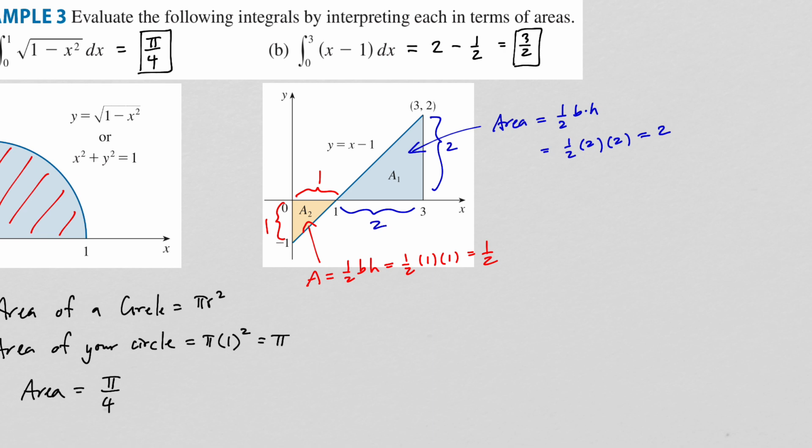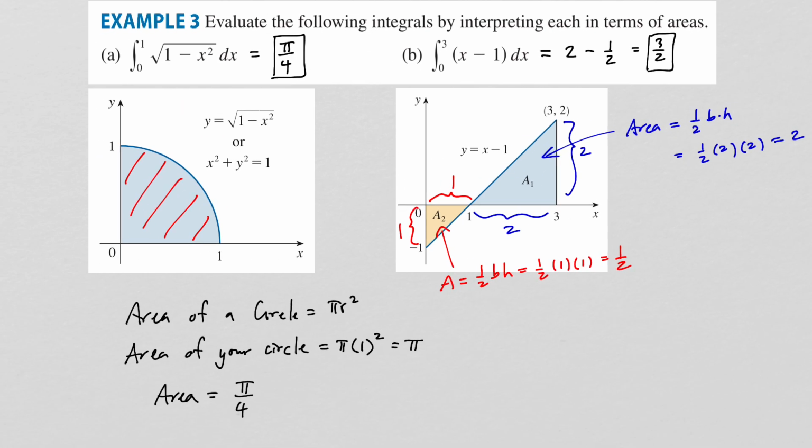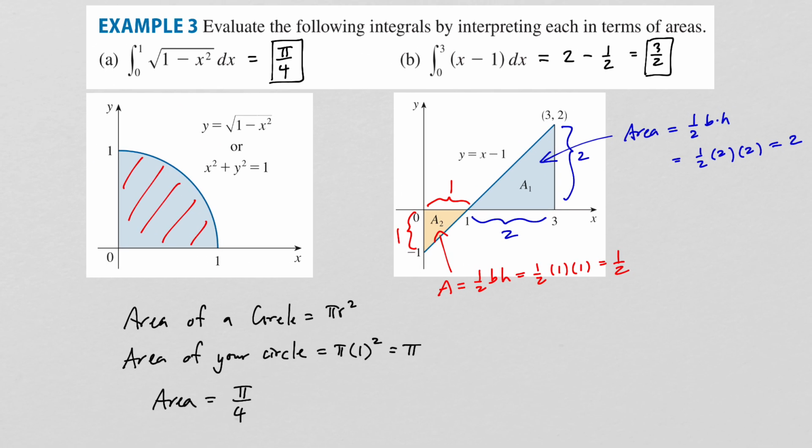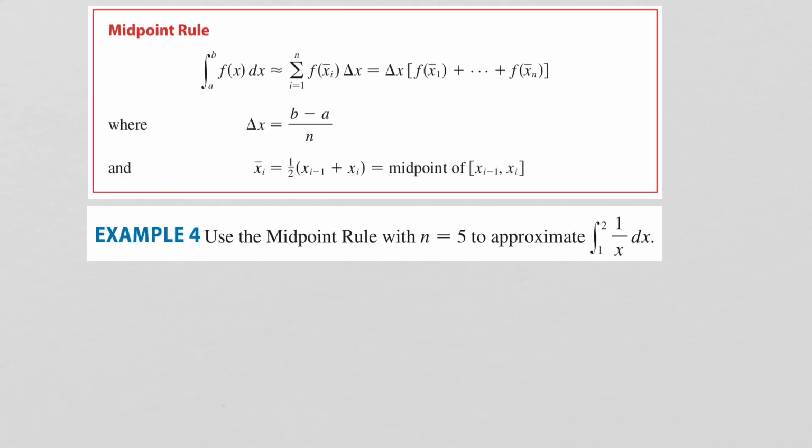Now, most of the time, you will not be able to calculate areas or integrals by doing this because most shapes are not going to be simple geometric shapes like circles and triangles. So one more concept we need to discuss is the midpoint rule. It basically says if you want to approximate the area under a curve from A to B, you can do a Riemann sum where you are using the midpoint of each of the subintervals.